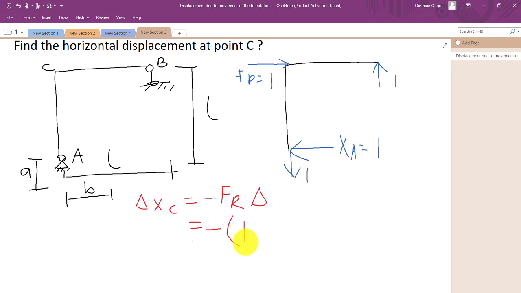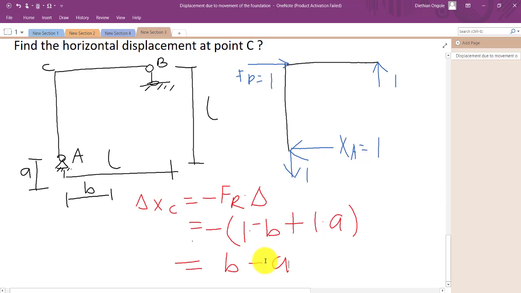So we must multiply it by negative b. Then next we come to the force in the vertical direction. We see that the force is acting downwards and the displacement is also downwards. So therefore it will be an addition sign. So plus 1 times A. This gives us an answer that is equivalent to B minus A.